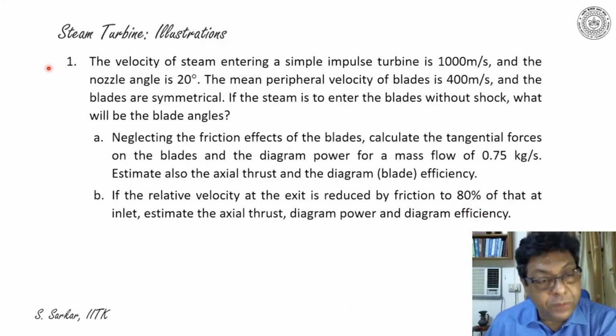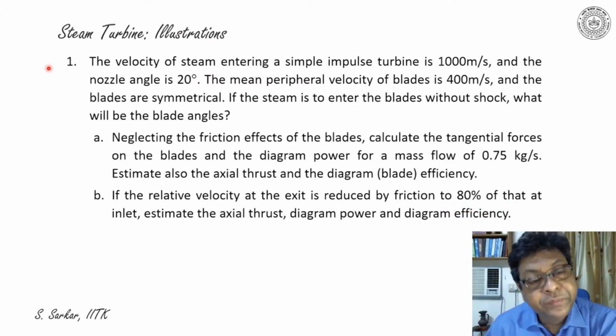The statement of problem number 1: the velocity of steam entering a simple impulse turbine is 1000 meters per second and the nozzle angle is 20 degrees. The mean peripheral velocity of blades is 400 meters per second and the blades are symmetrical.